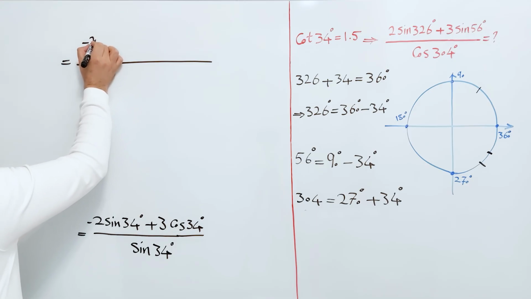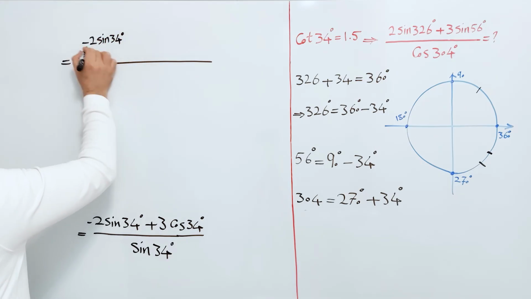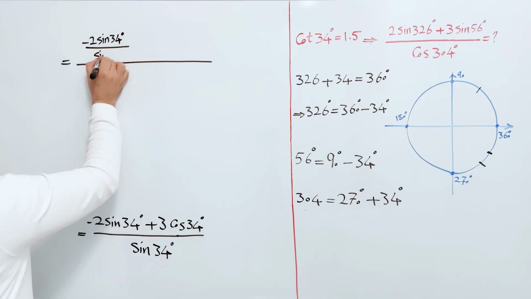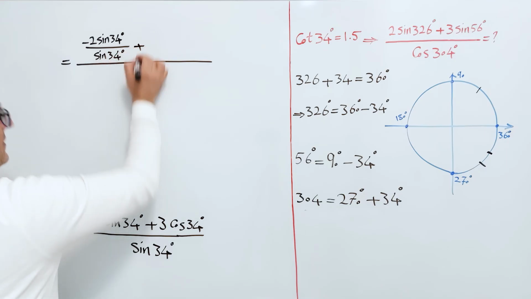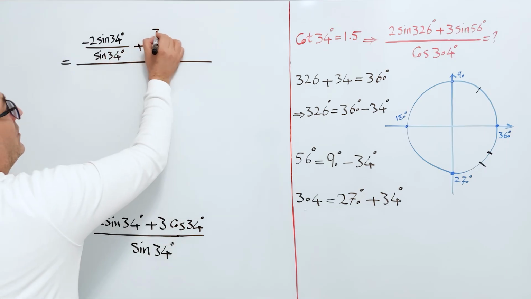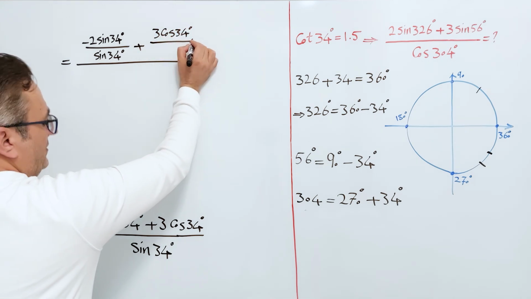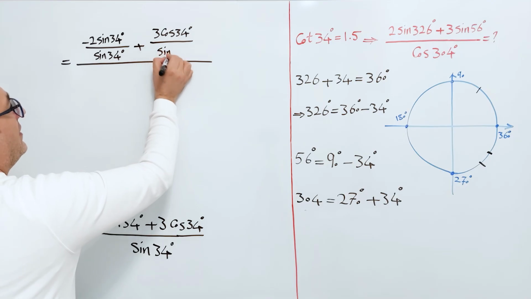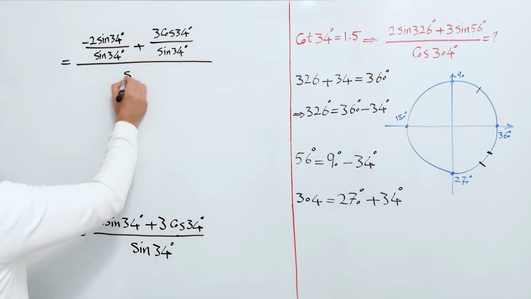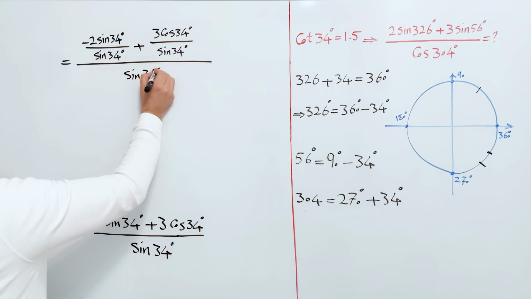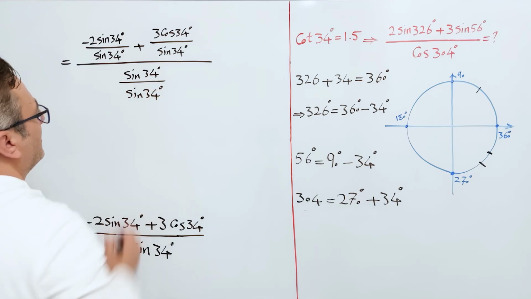minus 2 sine of 34 degrees divided by sine of 34 degrees plus 3 cosine of 34 degrees divided by sine of 34 degrees, all divided by sine of 34 degrees divided by sine of 34 degrees.